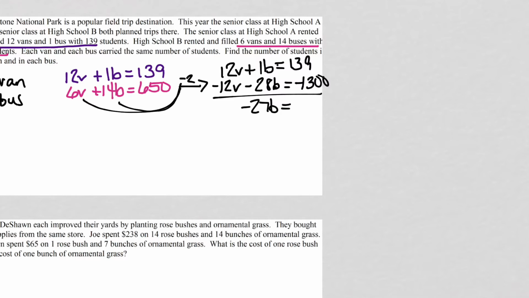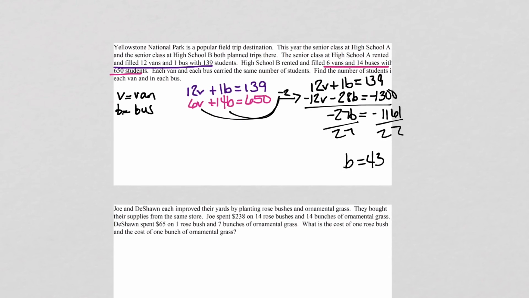And then 139 minus 1300 is a negative 1161. Divide by 27, divide by 27, and you can cart 43 students on every bus. So my answer should read 43 kids per bus.